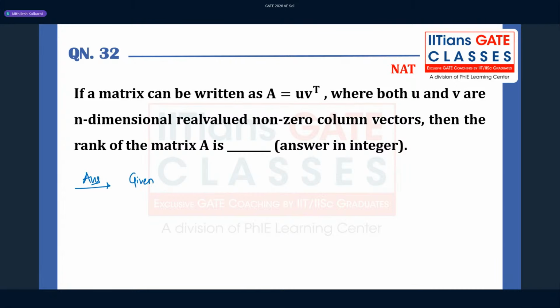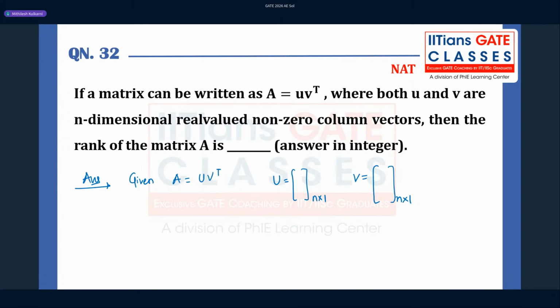Given data is A is equal to U into V transpose. U and V are n-dimensional non-zero column vectors. So U is a column vector which is n-dimensional, so n cross 1. The size of U is n cross 1. Similarly, size of V is also n cross 1.